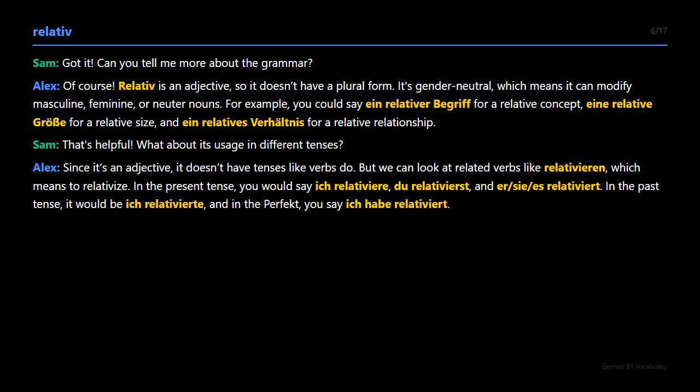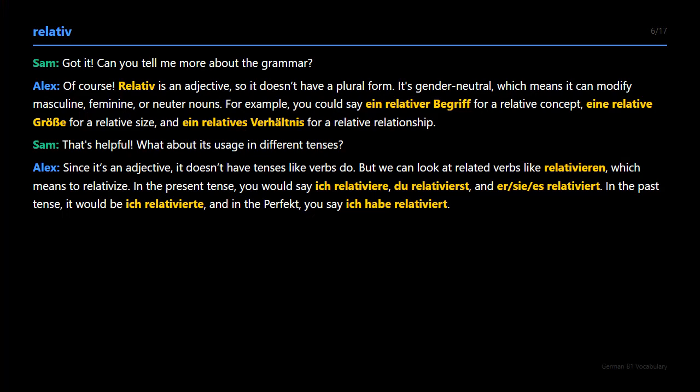That's helpful. What about its usage in different tenses? Since it's an adjective, it doesn't have tenses like verbs do. But we can look at related verbs like relativieren, which means to relativize.